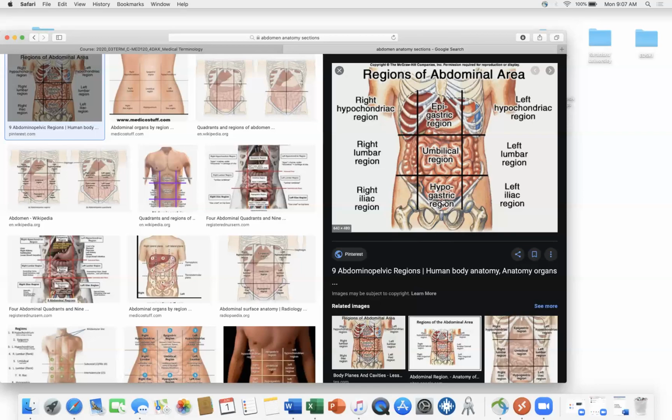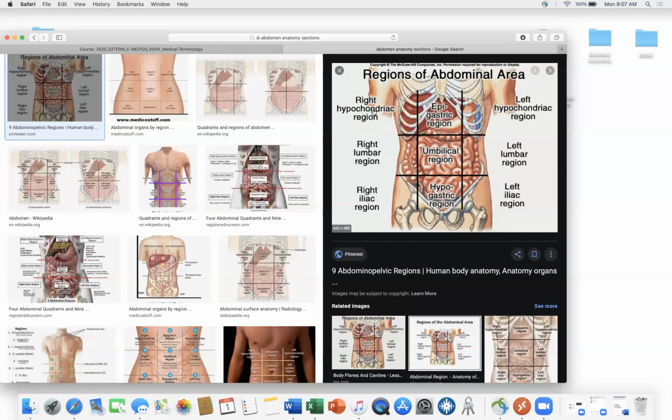The hypogastric region means the area below. Remember the difference between hyper and hypo? Hyper means too much. Hypo means lower or too little. So this is the umbilical region, epigastric region, and hypogastric region. Now we use hypo again here.